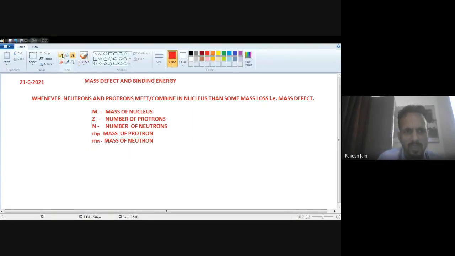Then how can the mass defect be represented? In terms of abbreviation, the mass defect is ΔM. ΔM is the representation of mass defect.